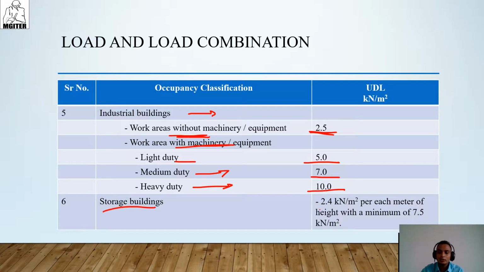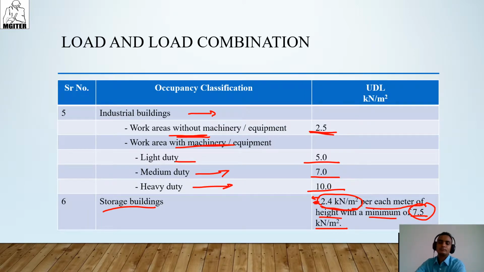Storage building we have 2.5 kN per meter square for each meter of height with minimum 7.5 kN per meter square. Means in this line we can say that we have to take 7.5 kN per meter square as a minimum, but if the height is more, then we have to multiply the height by 2.4 kN per meter square, and whichever value we get, we use as the live load.